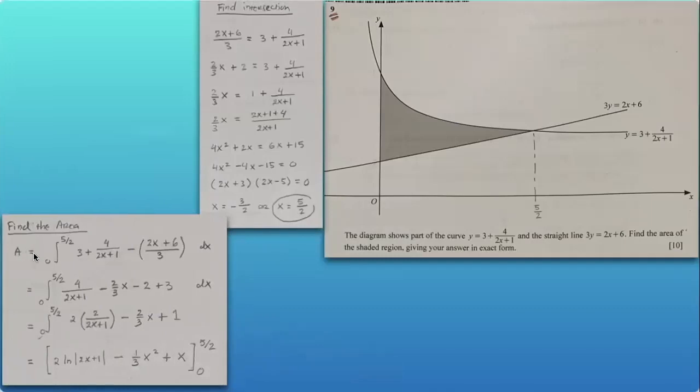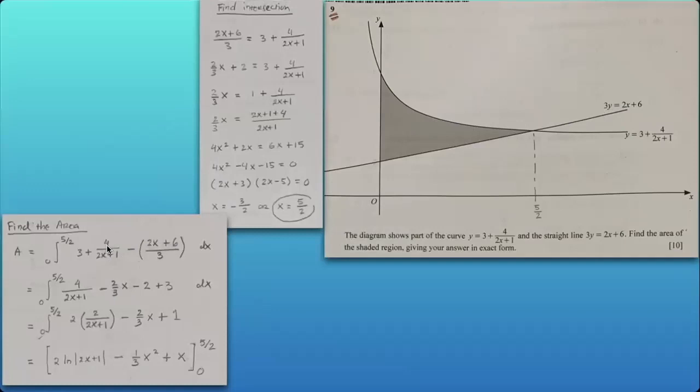So area is equal to the integral from 0 to 5/2 of the top function here. Yeah, so that's the top function, the curve, subtracted by the lower function, because this function is at the bottom, which is the straight line.